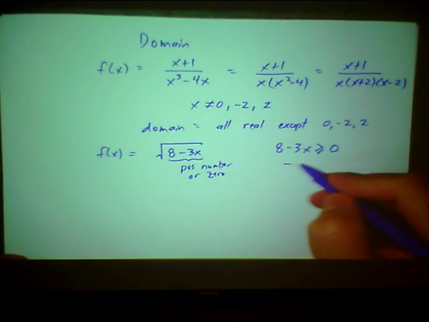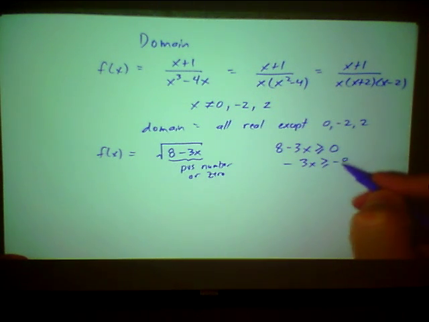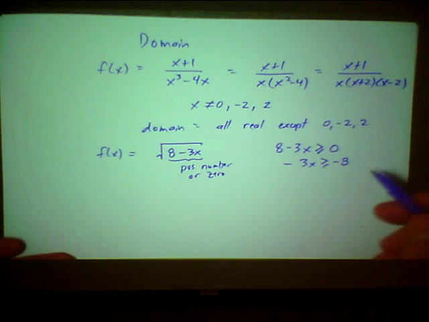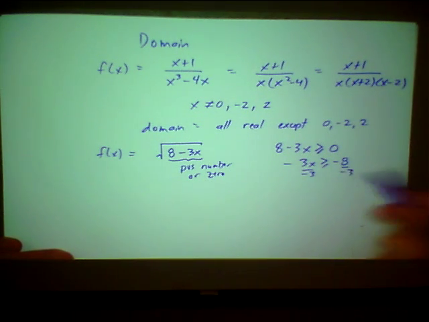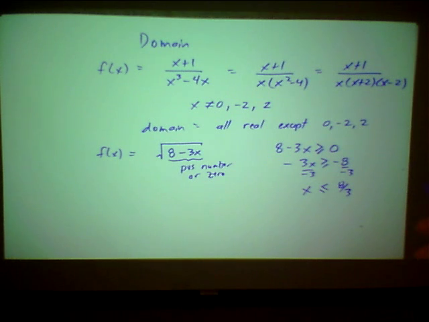So I'll subtract 8 from both sides. Now to solve for x, I'm going to divide both sides by -3, which I can do, but remember, I'm now going to flip the inequality. So I end up with x less than or equal to 8/3.